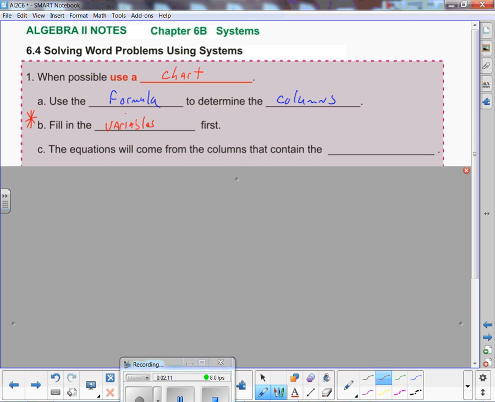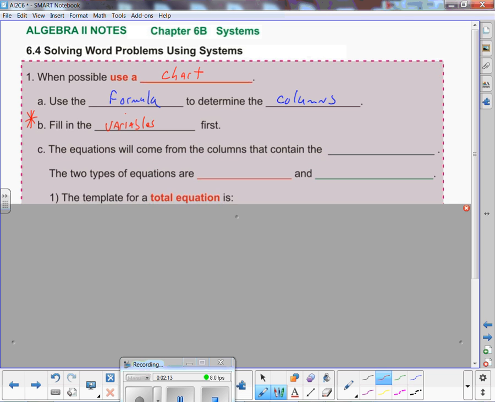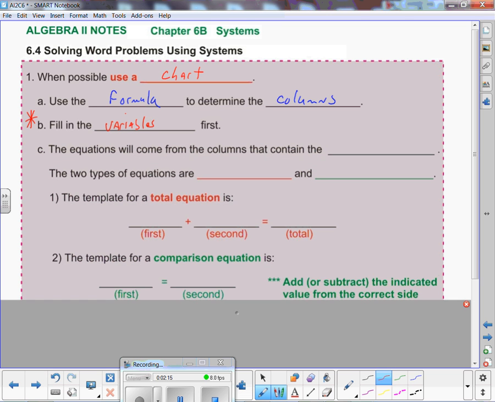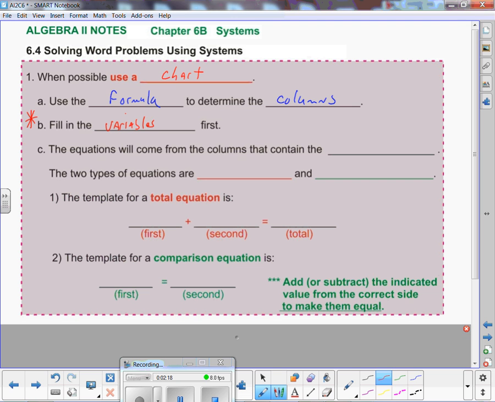C. The equations will come from the columns that contain the variables. Again, we'll look at all this by example here in just a moment, but just setting some things up. The equations will come from the columns that contain the variables.